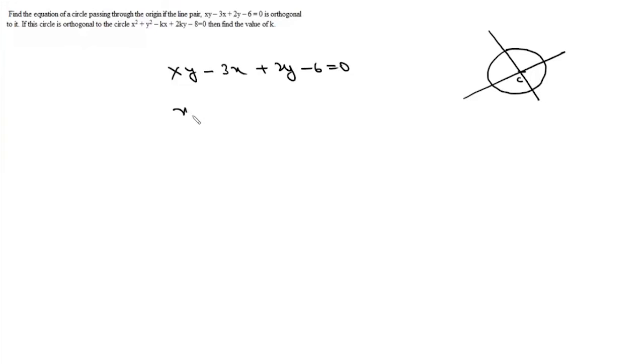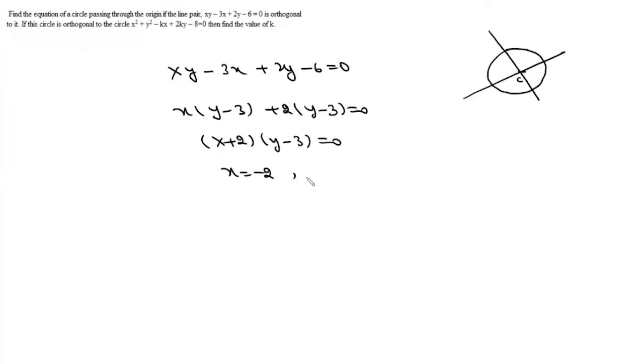Now we can write this as x(y minus 3) plus 2(y minus 3) equals 0, or (x plus 2)(y minus 3) equals 0, that is the value of x is minus 2 and the value of y is 3. So the center of this circle is at (minus 2, 3).